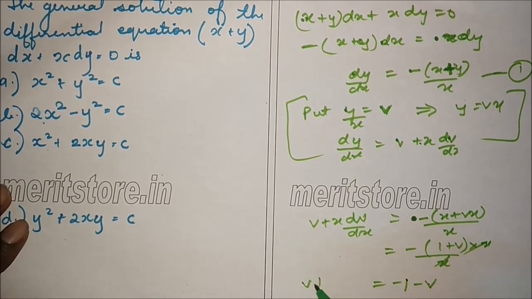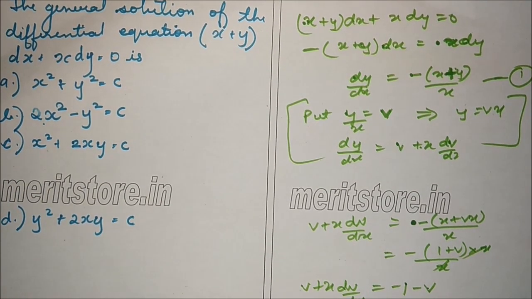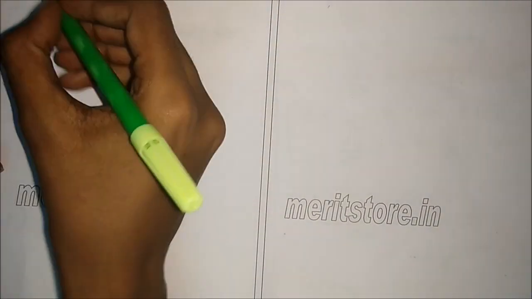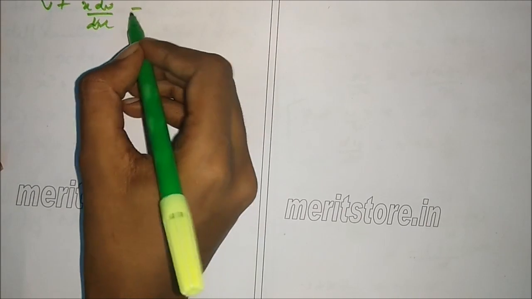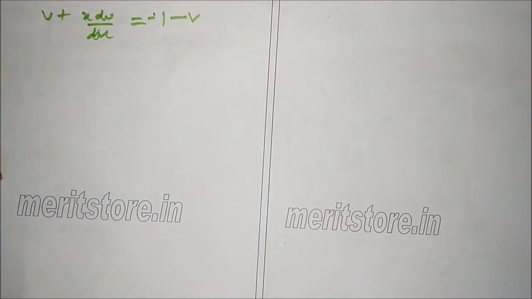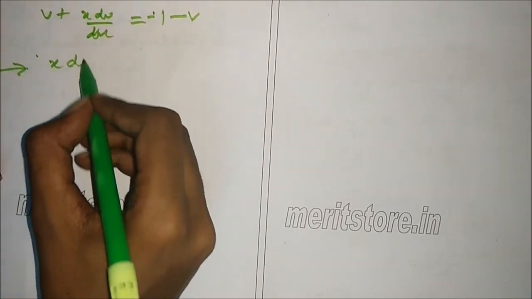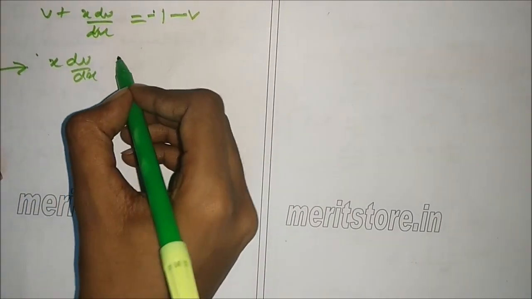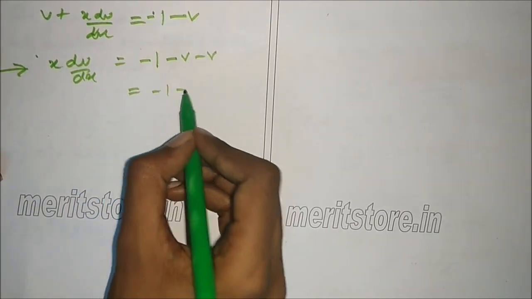So v plus x dv by dx is equal to minus 1 minus v. So shuffling these terms, we get x dv by dx equals minus 1 minus v minus v, that is minus 1 minus 2v.